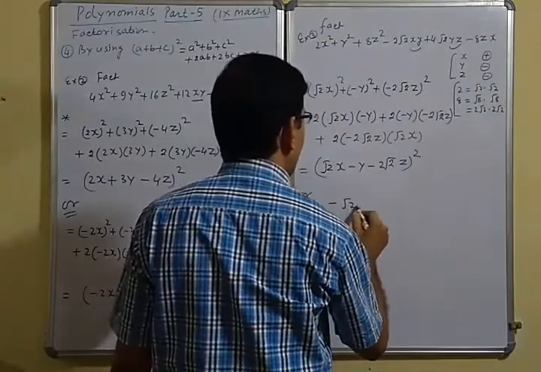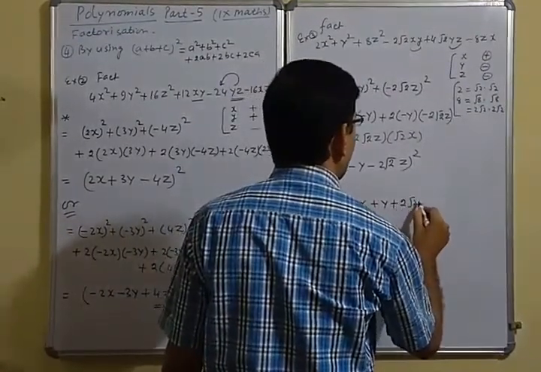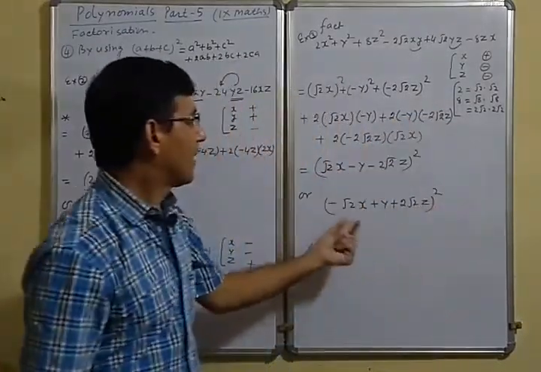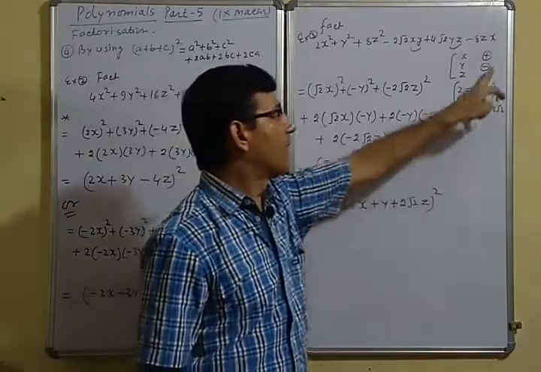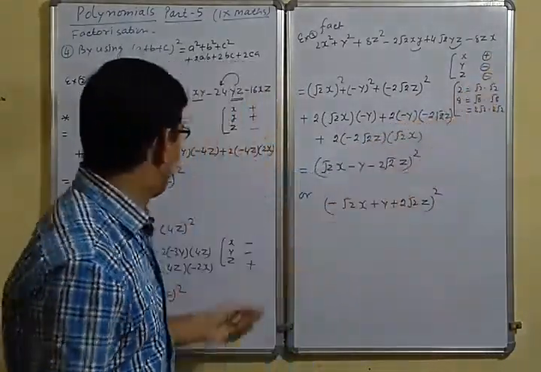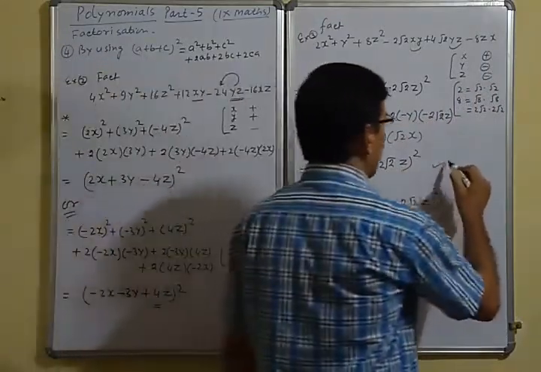So you can also write it as (minus root 2 x plus y plus 2 root 2 z) whole square, by taking the sign of this as negative, this as positive, this as positive. So once again you simplify this way to get this result. So both answers are correct.